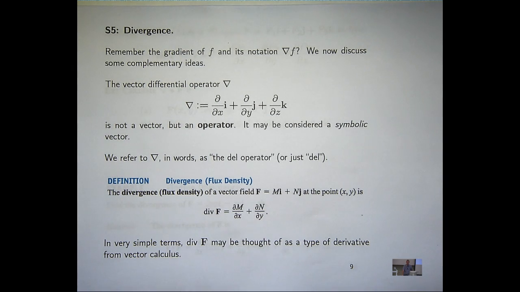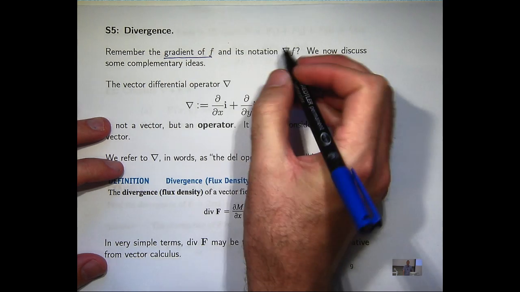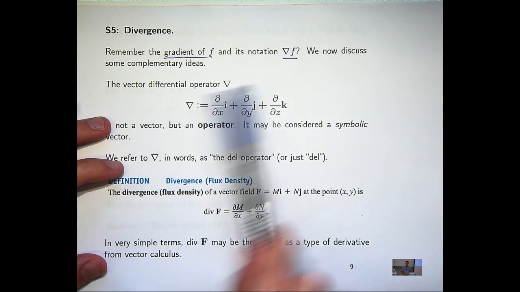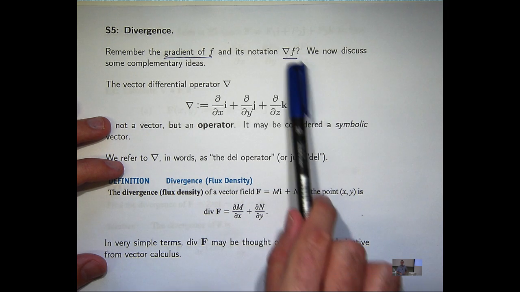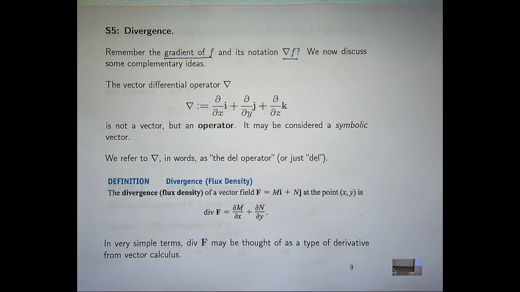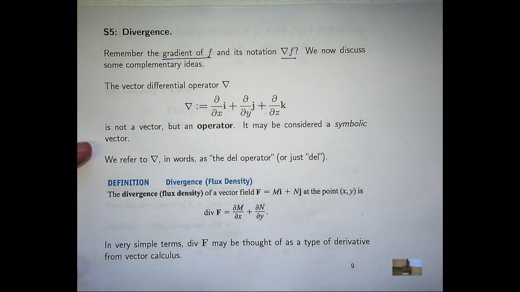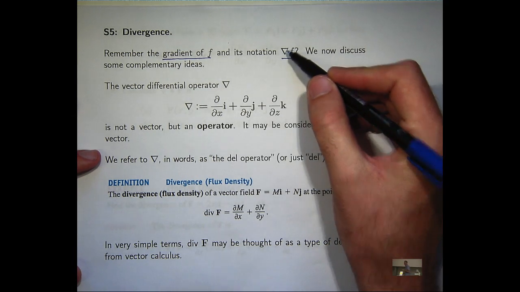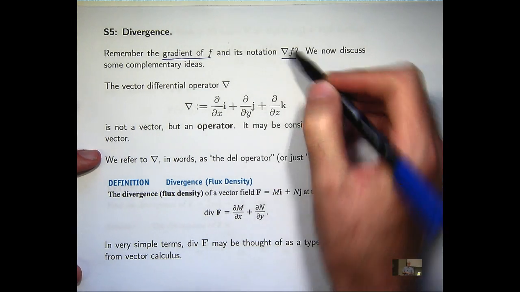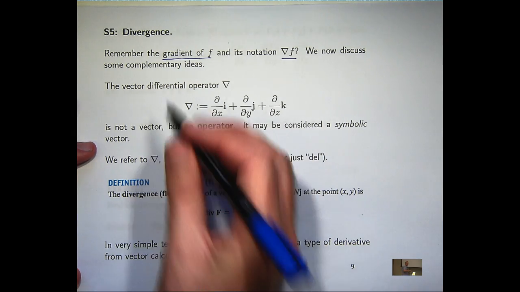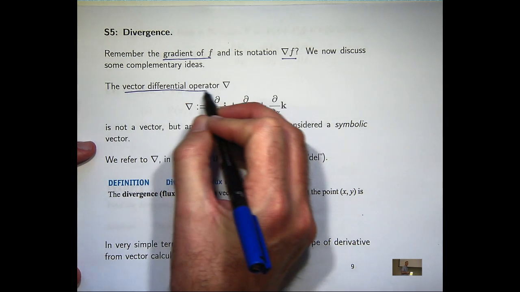Okay, well in previous lectures we introduced the gradient field of a scalar valued function f and we wrote it like this and would call it grad f. Now, the divergence is kind of like a complementary idea to the gradient of a function. And to write this with similar notation, this triangle from when we looked at the gradient, I'm going to introduce this vector differential operator.